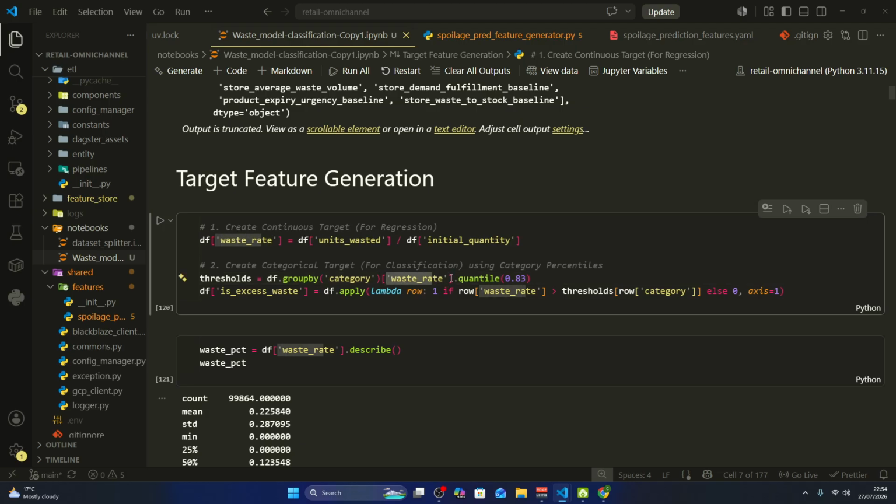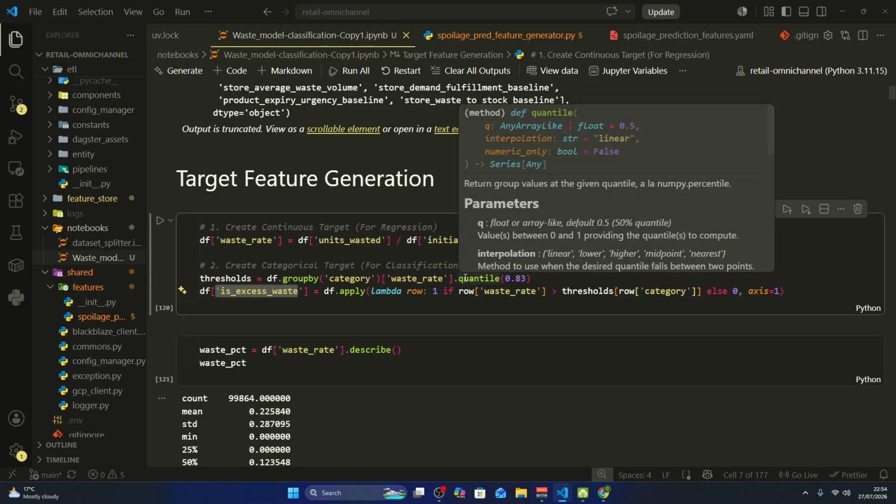Any waste rate that is above this quantile, I will be considering as, let's say, spoiled. So that will be categorized as one. Anything that is less than this quantile, we are going to categorize as zero. Then that will be the is excess waste column, which is the classification problem.